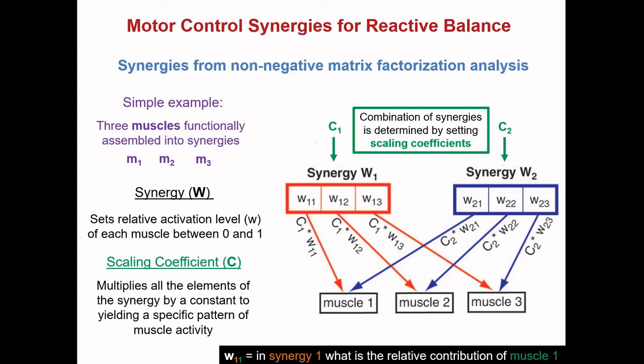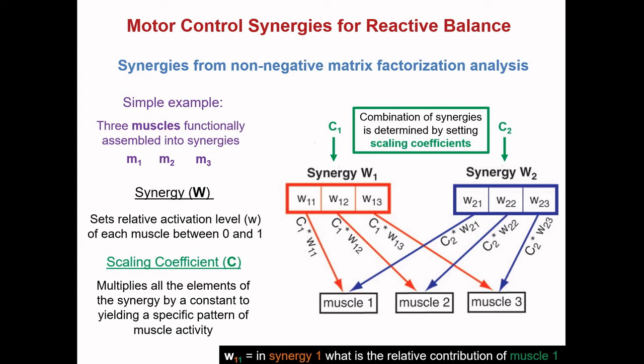For example, with W subscript 1-1, the first one identifies that we're looking at synergy 1, and the second one identifies that we're looking at muscle 1. In the case of W subscript 1-3 in the third box, on the right side, we are looking at synergy 1 and the relative activation of muscle 3 in that synergy.